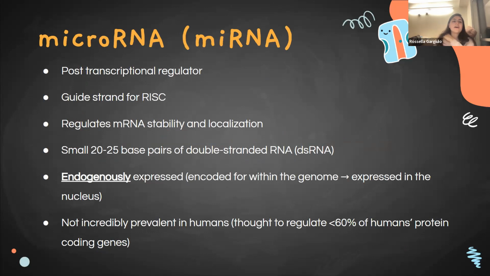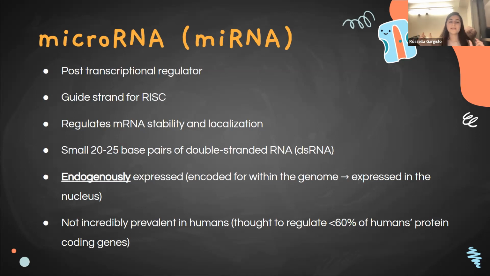Okay. So we're going to focus in on microRNA. It is going to be a guide strand for RISC, and it is an endogenously expressed RNA, which means that the microRNA is coded for within our genome, and it is transcribed in the nucleus.